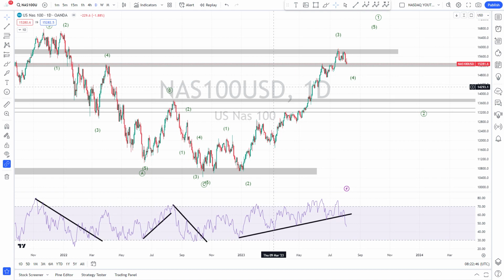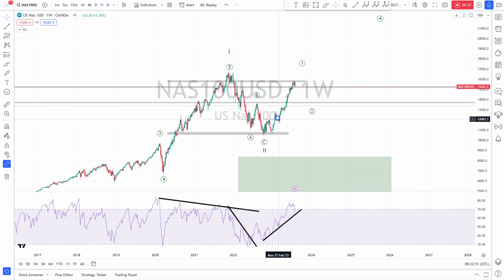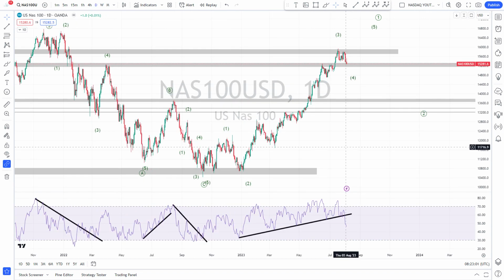But I have to tell you, the bearish scenario I just shared in the weekly, that we are still doing our wave 2 correction as an ABC, A, B, C down, we are actually at a very interesting level now in the daily. We know that a correction has started.